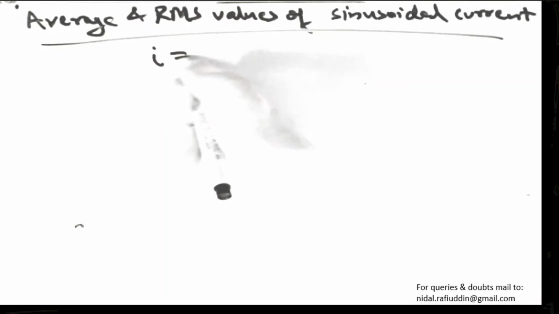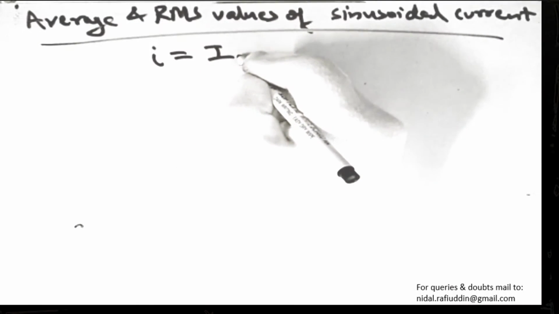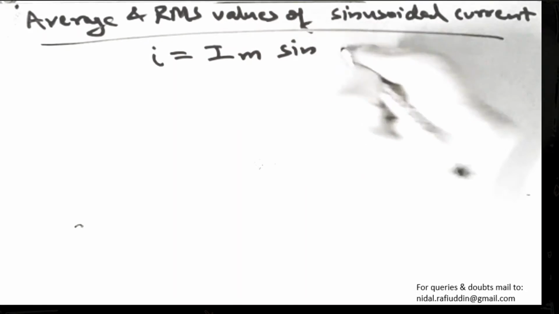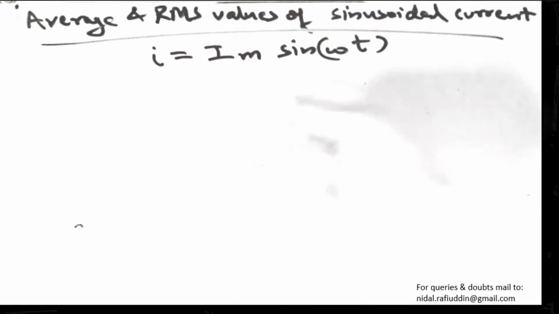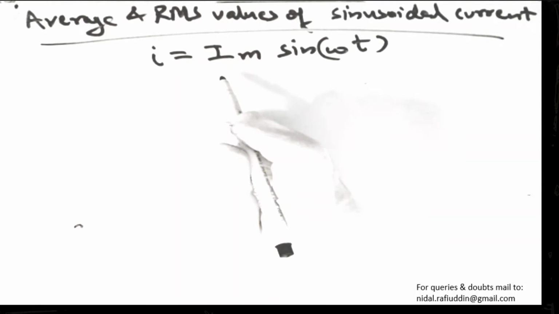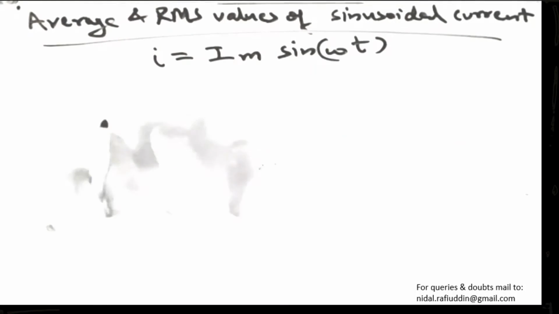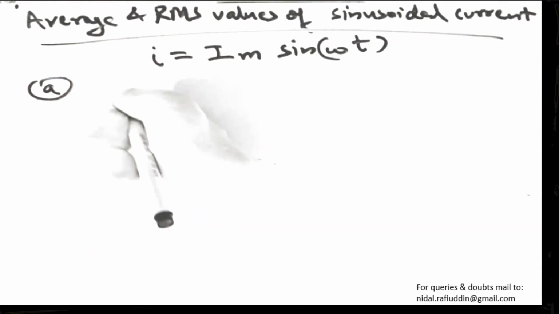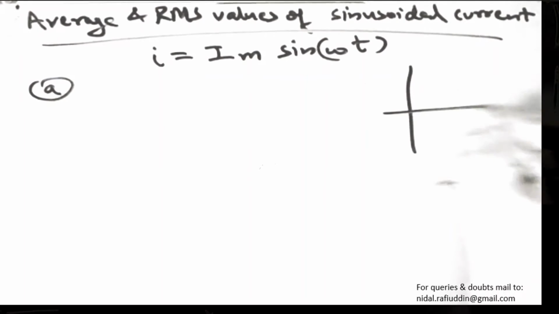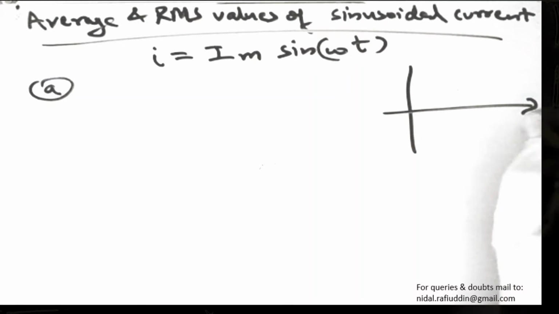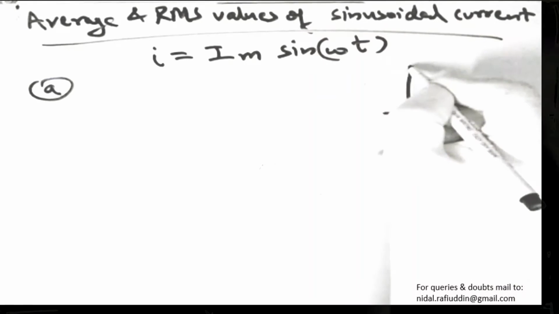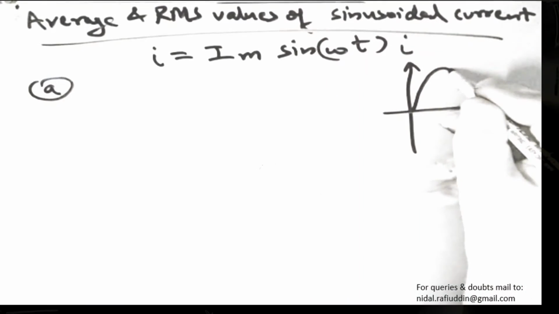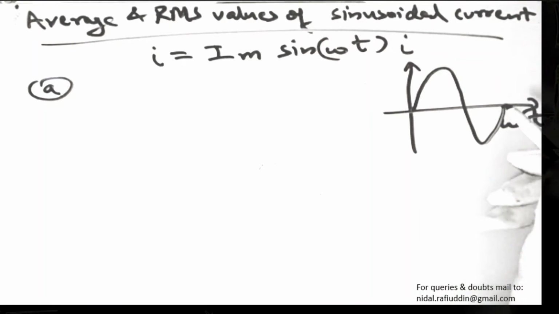We already have seen that the current value is given by small i as Im sine omega t, and we are interested to find the average as well as the RMS value for this particular current, and we will be dividing this into two parts. If you draw the waveform, i versus omega t, there are two possibilities.